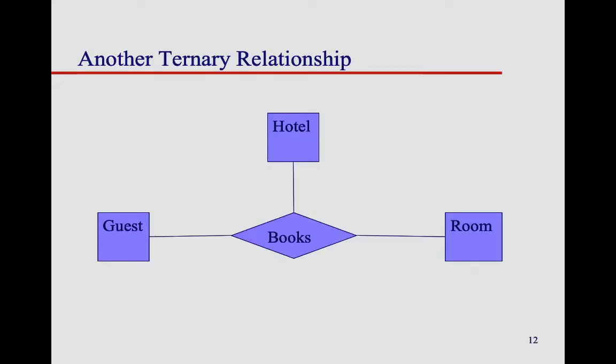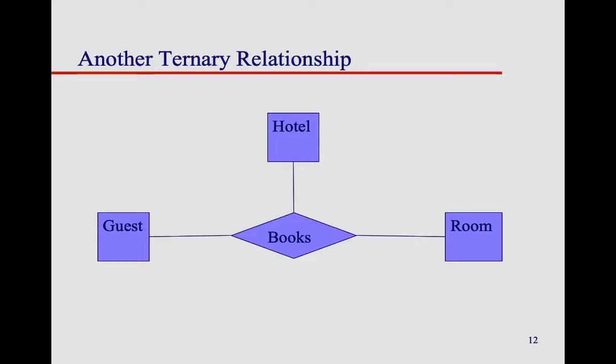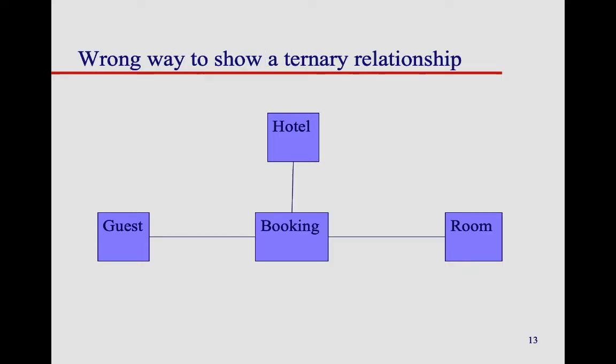Okay, now, here's a big, don't do this to show a relationship whose degree is greater than 2. You use a diamond. You do not use a thing that looks like this. If you draw it like this, it looks like booking is an entity, not a relationship. Booking is a relationship. It is not an entity.